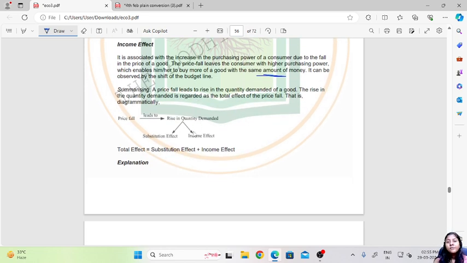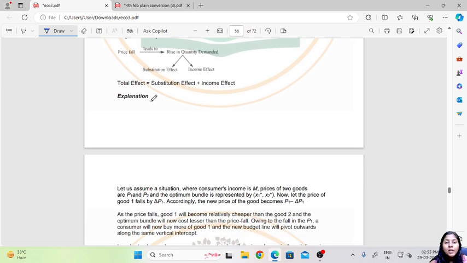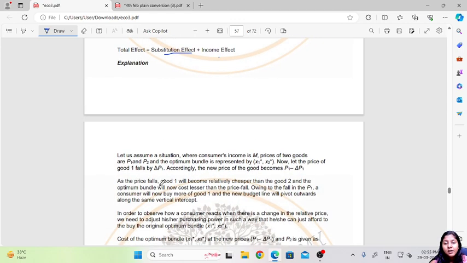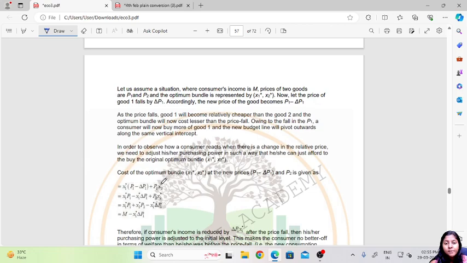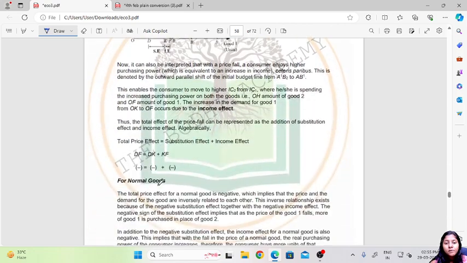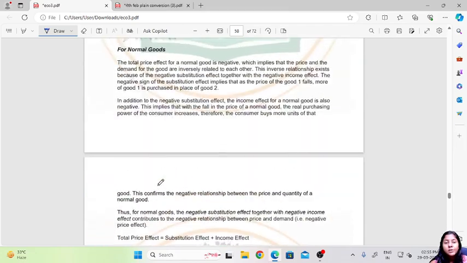A price fall leads to a rise in the quantity demanded of a good. The rise in the quantity demanded is regarded as the total effect of the price fall. So total effect is equal to substitution effect plus income effect, and this is how the explanation is given over here with regards to substitution.